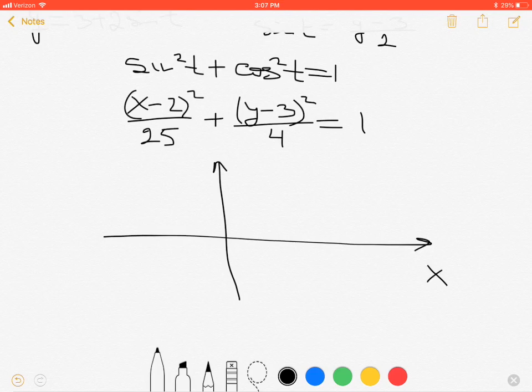Let's go. This is the x-axis, this is the y-axis. Plugging in, for example, y equal 3, what do you have? If y equal 3, this means your second fraction equals 0, and x needs to be equal 7 or negative 3.